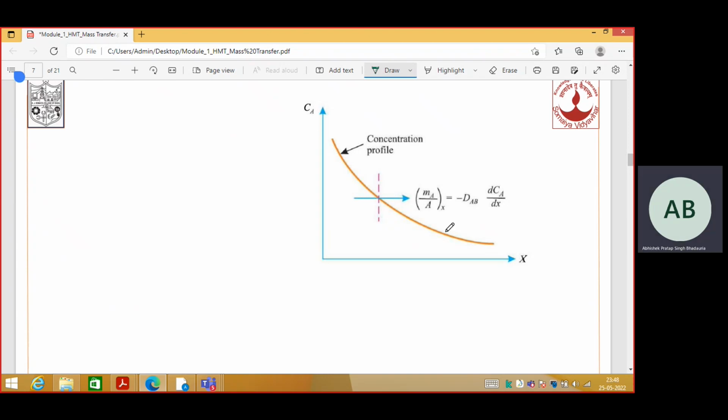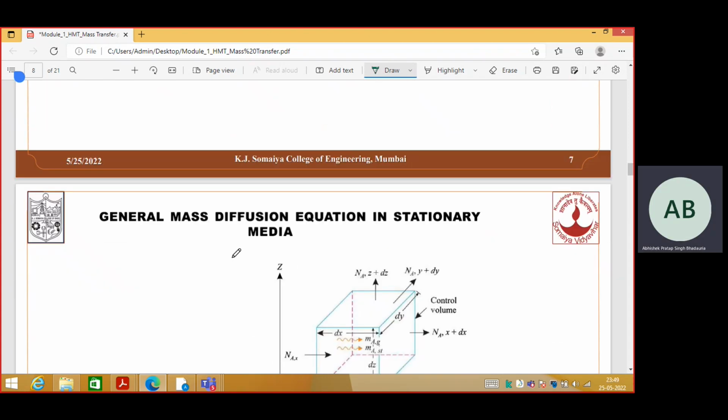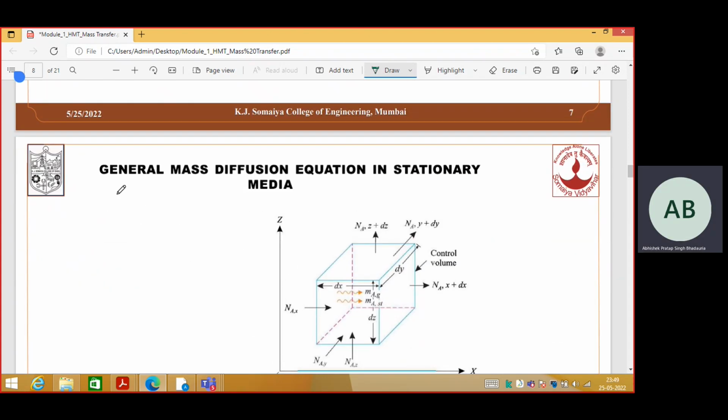You can see the variation of this concentration profile. The details I've already talked about and provided to you.